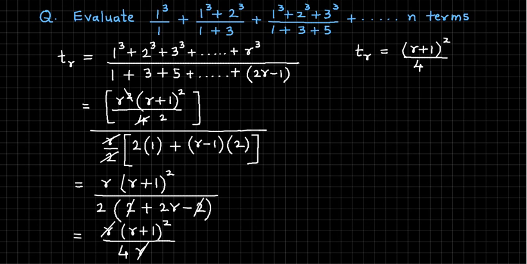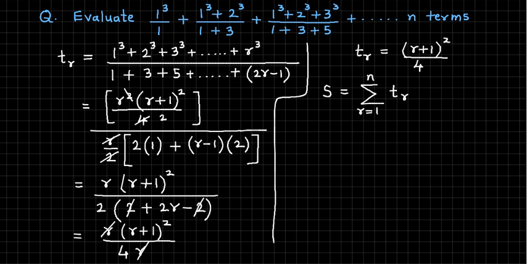Right? Now we may think that we have to expand this (r plus 1) the whole square and then sum all the individual terms using the sigma notation, but instead of that we'll now use a different trick here. See what happens, we have to take the sum of all the tr terms, from 1 to n.